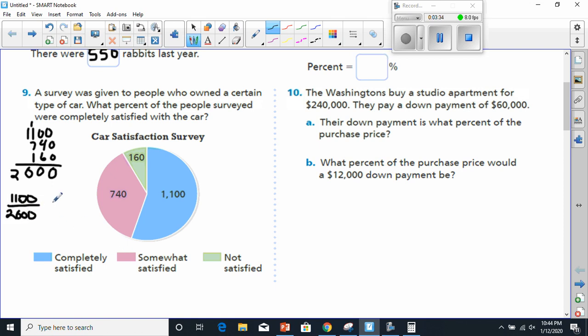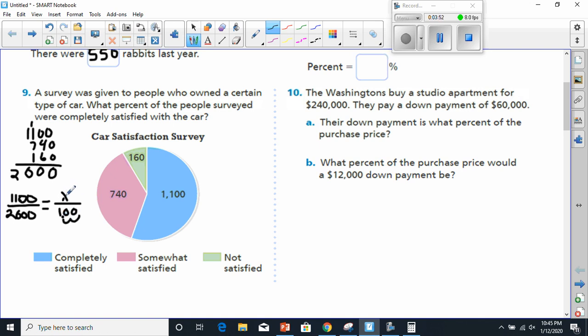And now we have to realize if we're going to find out the percent that was completely satisfied, that 2,000 represents 100% of all the people. And we also have to remember, since it's a percent, we're going to move that decimal over twice.